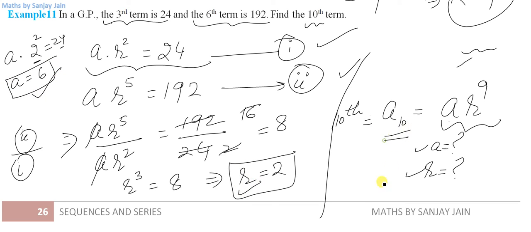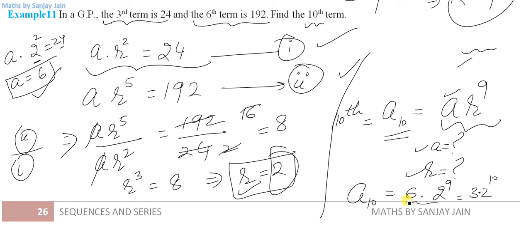What will be the 10th term? The 10th term of this GP will be A, that is 6, into what is R? R is 2. So 2 raised to power 9. Alright, so 6 times 2 raised to power 9 can further be written as 3 into 2 raised to power 10.